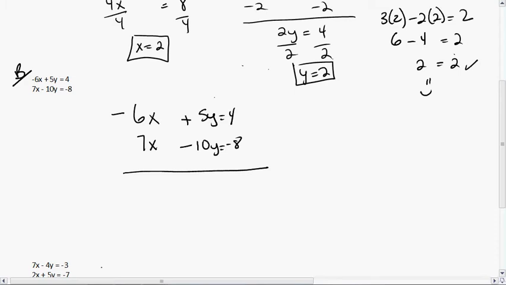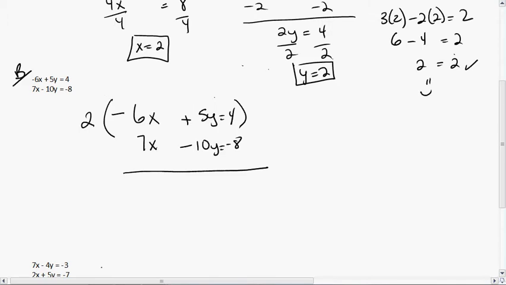But if I could think of a number to multiply one of the equations by so that the coefficients of either the x's or the y's were the same, then my x's or my y's would cancel out. So I'm going to multiply the top equation by 2. If I do that, when I multiply the 2 times the 5y, I'll end up with 10y in that top equation, and then my y terms are going to cancel out.